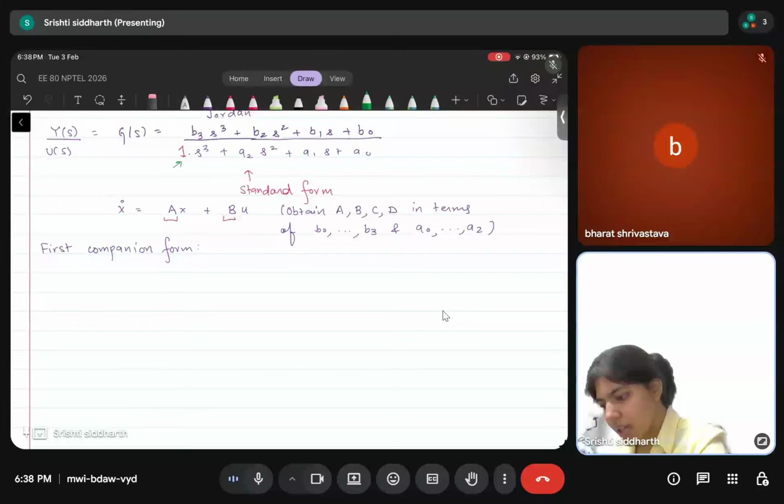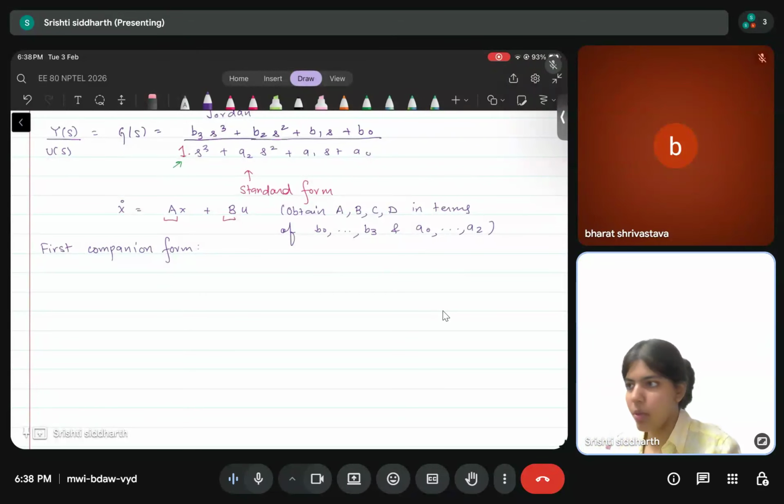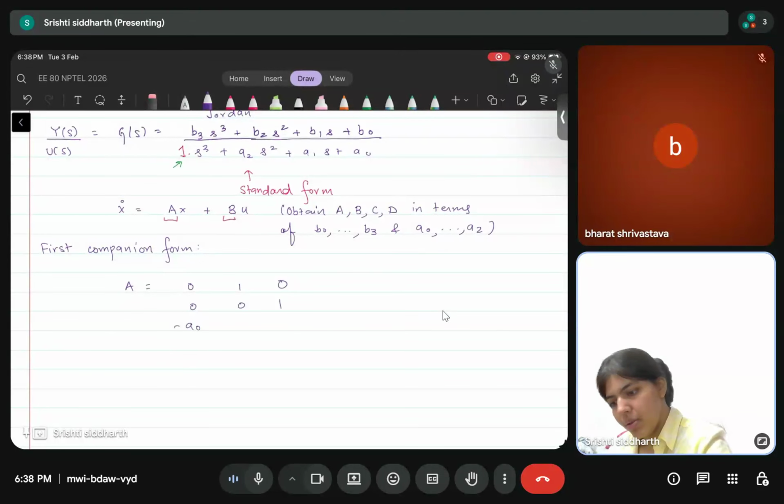Alright, once the transfer function is in the standard form, you can directly write the first companion form for the state space model. And in that we have A equals 0, 1, 0, 0, 0, 1, then minus a0, minus a1, minus a2.